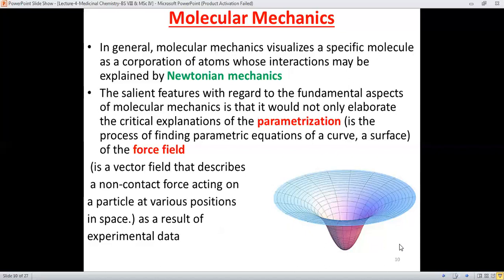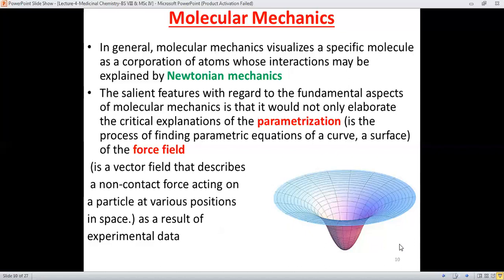And what are the salient features? The salient feature with regard to the fundamental aspect of molecular mechanics is that it would elaborate the critical explanation of the parameterization. It means that parameterization is very important, parameterization of the force field.